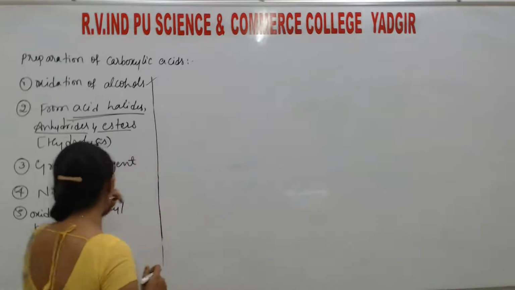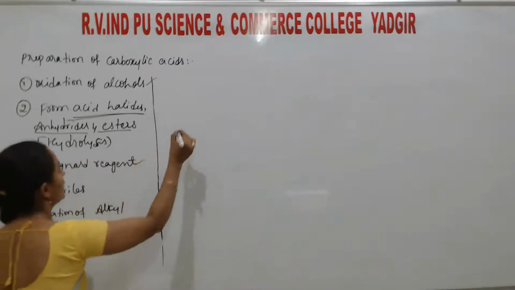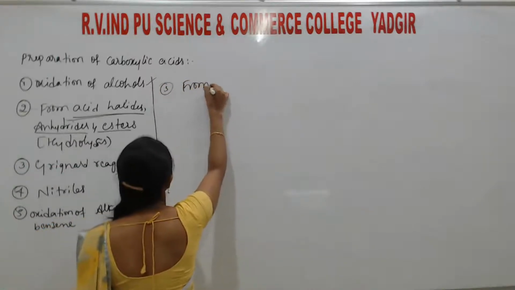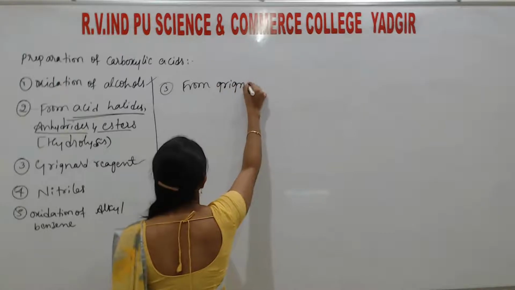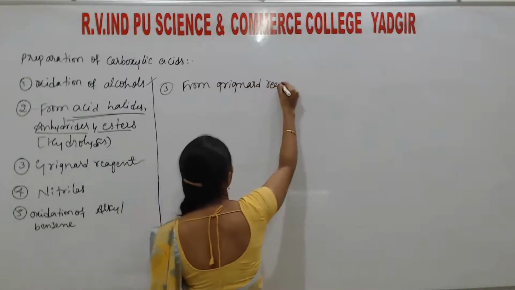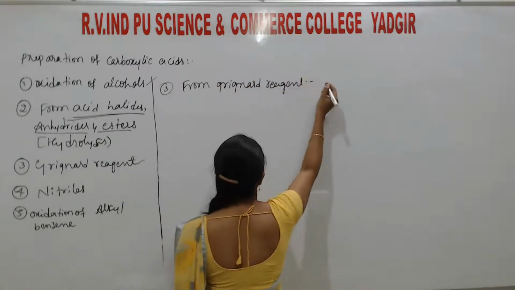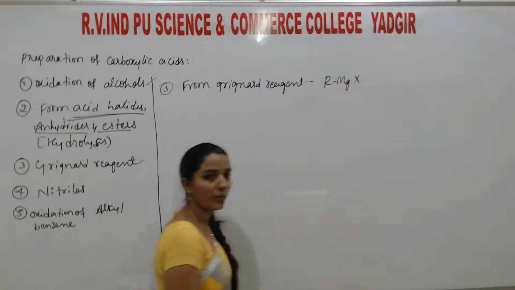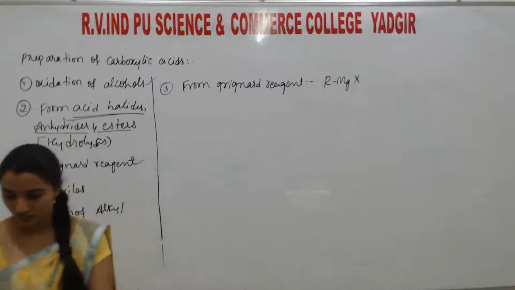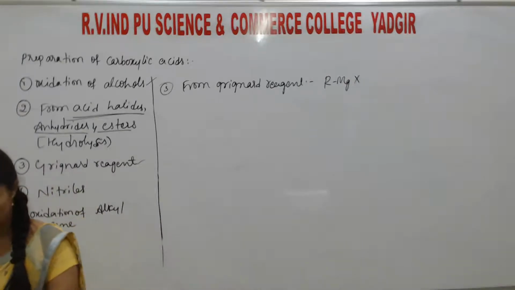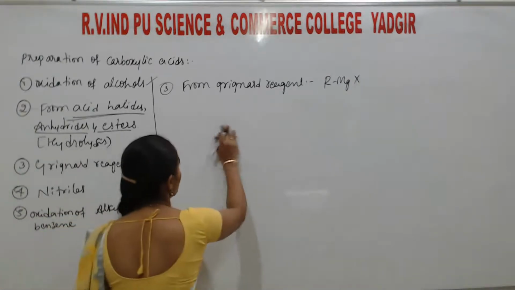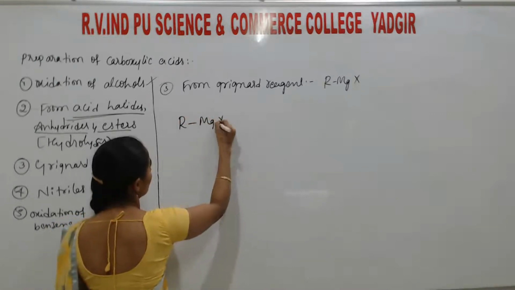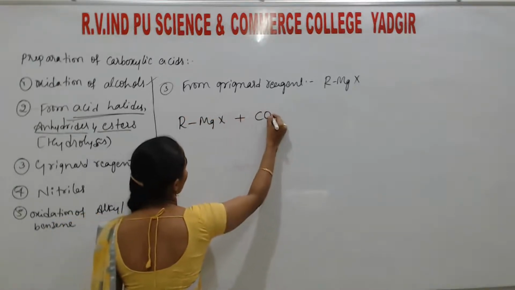Understood? Next one is from Grignard reagent. Students, Grignard reagent means RMgX type compounds. Initially, this Grignard reagent reacts with carbon dioxide.